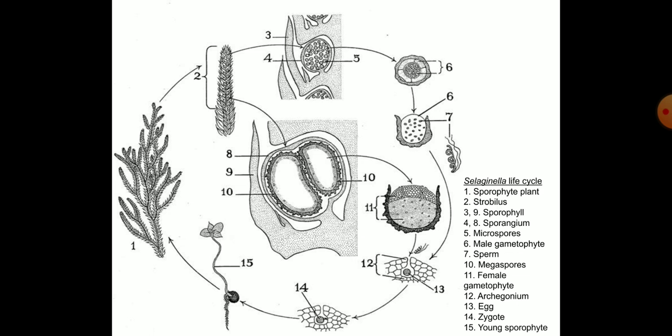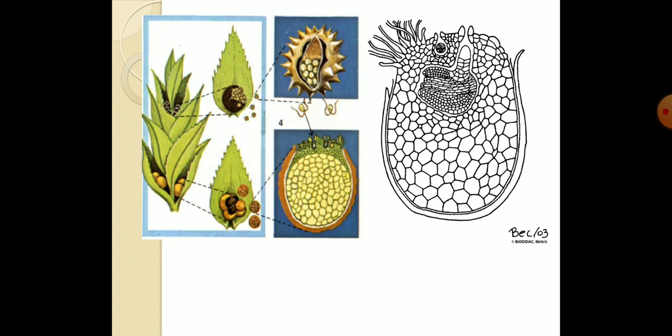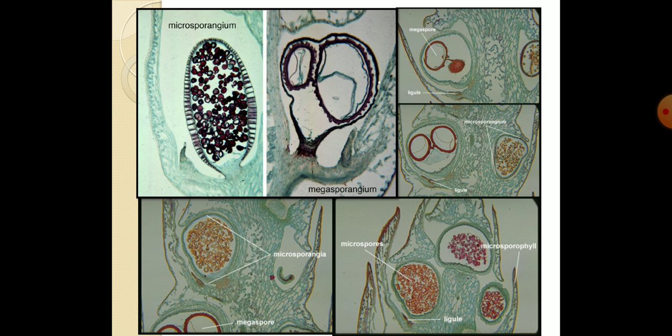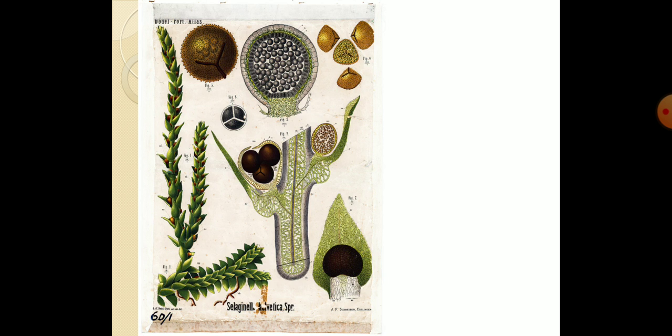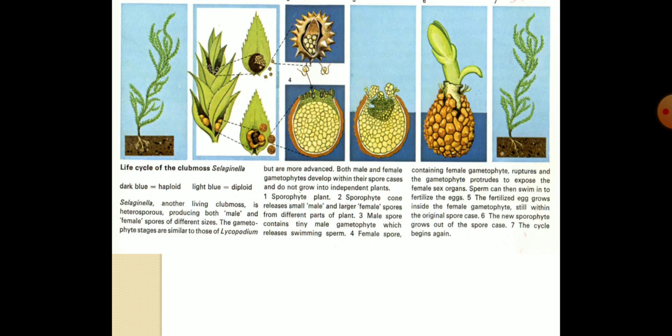Through this, the microspore and the megaspore germinate to form the gametophyte structures. This is the structure of the female gametophyte, and this is how the microspores develop inside the cavity. These are the microspores that produce the antherozoids, and this is the megasporophyll and how it develops in Selaginella. Here the dark blue indicates the haploid stages and the light blue indicates the diploid stages.